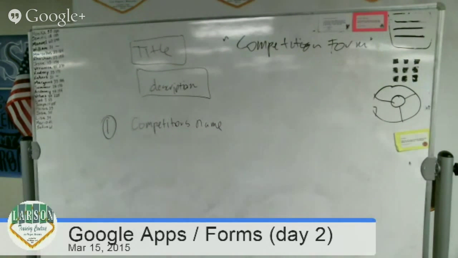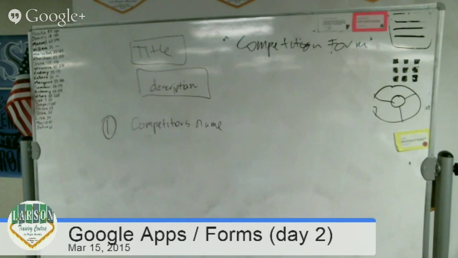So what's the next question? There's location. Okay. Now at this point, I would just put location, because I already know I'm talking about the competitor, just to save space and time. Okay, now, is this a required question? No. Why not? It might have their address.